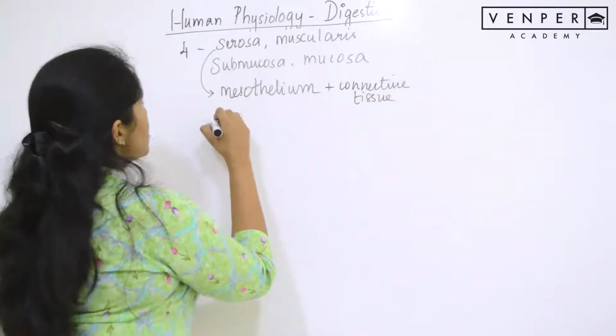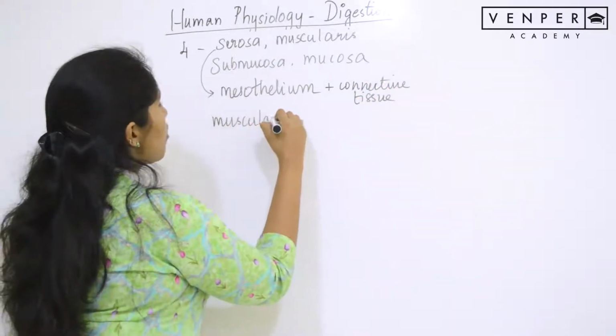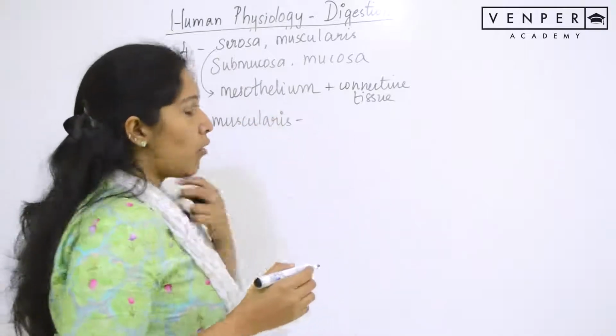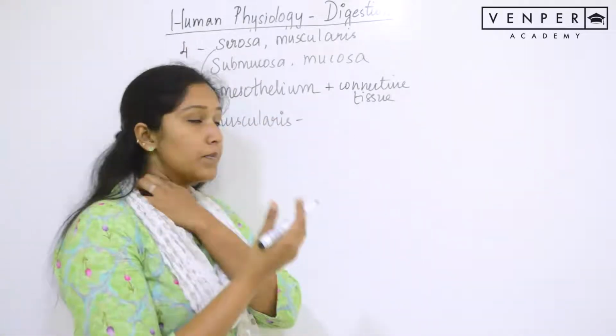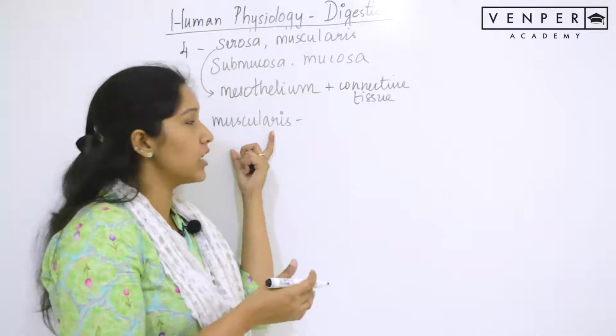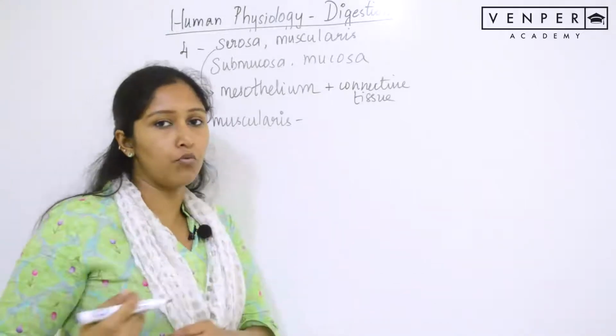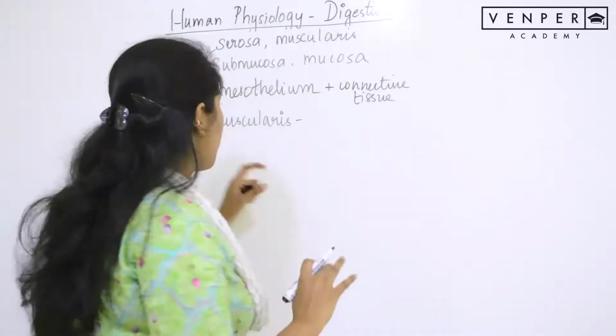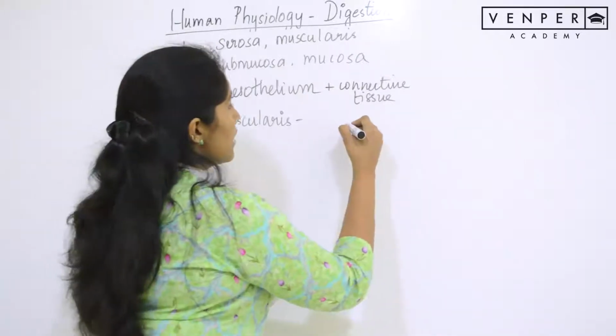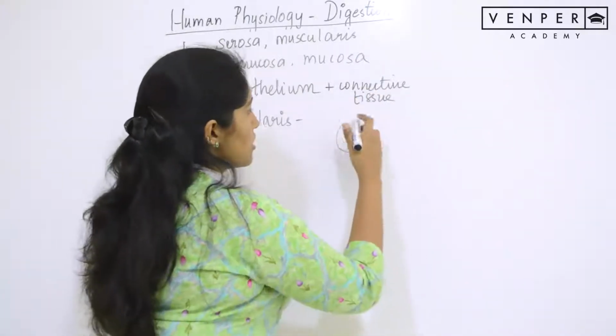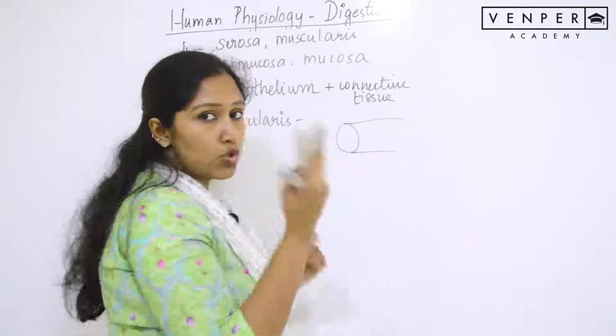Next comes your muscularis. The muscularis is quite important because it is this smooth muscle region that allows the movement of the food throughout the food pipe without any stop. How the muscularis is arranged, as you see in a cross section like this, is that it has 2 layers.